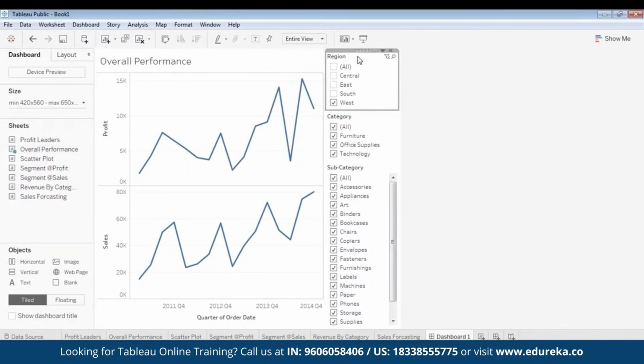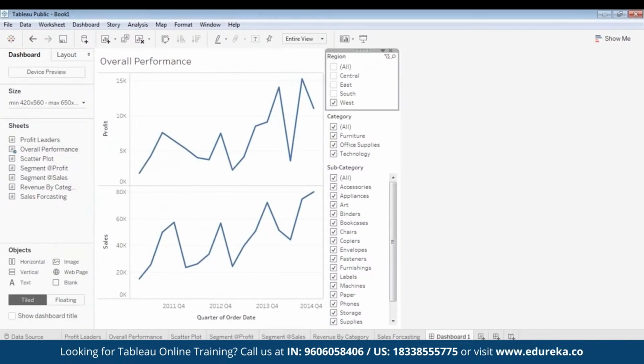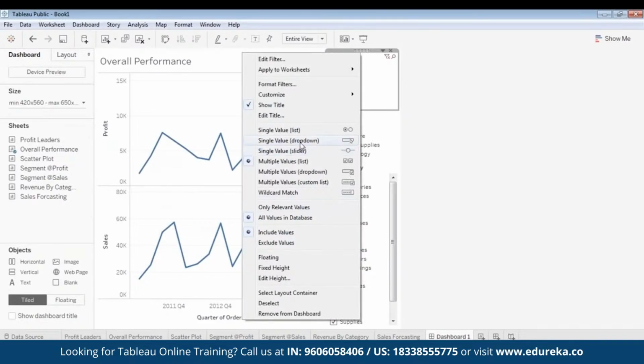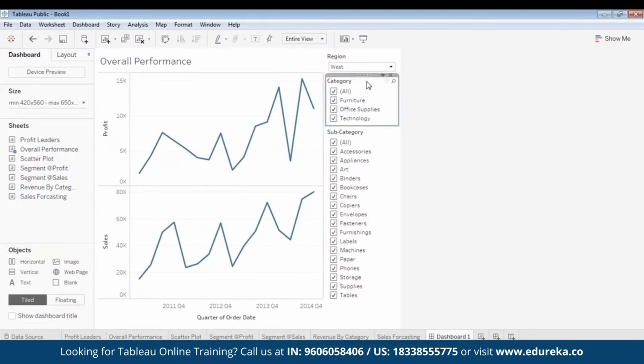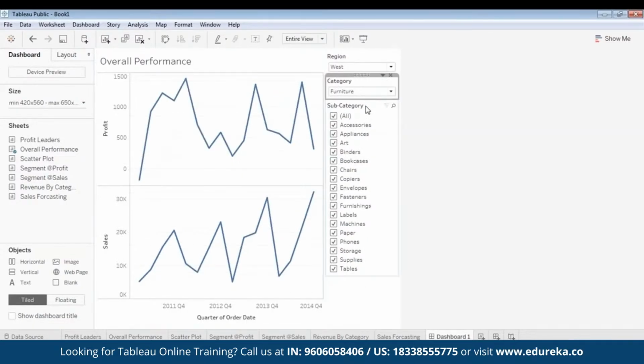Now, there are multiple options for how you want to represent it. This is just one way I'm trying to represent my dashboard. You can change it the way you want. For example, in the region, I will select list of values. For category also, I will select list drop down.